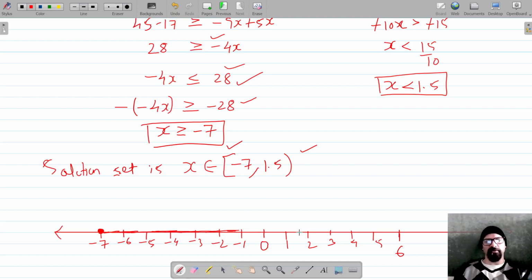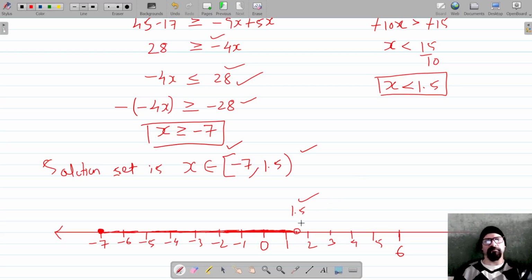So 1.5 is, let's say, here. This is 1.5, but 1.5 is not included. So let's shade this line or make this line dark or bold till 1.5, and let's have a circle here. It's not a dark circle, it's just a hollow circle.